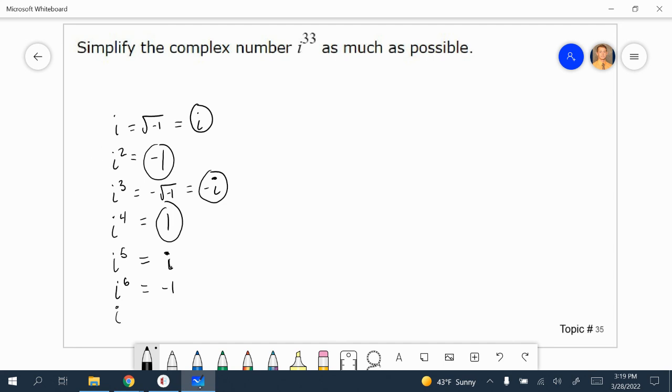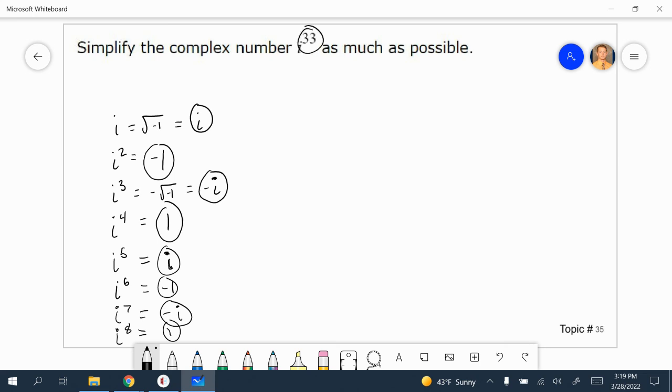And you can see the pattern starting. i to the seventh power would be i to the fourth and i to the third, which would be a negative i times 1, which is just a negative i. And i to the eighth, I'm running out of room, is just i to the fourth and i to the fourth, which is 1 times 1, which is just a 1. So here are your answer options, and you can see that we've made a pattern.